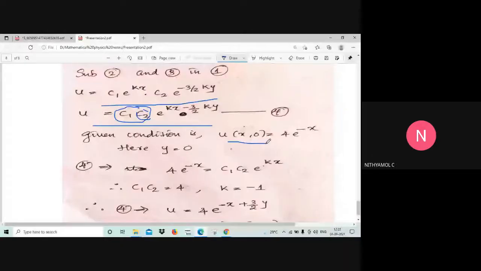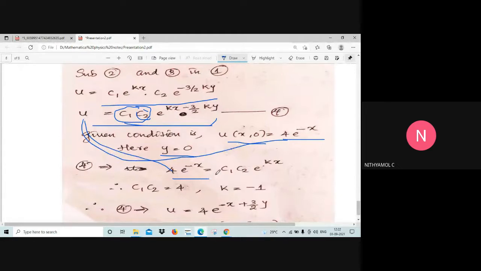Instead of c1, c2, we can combine and give a constant c. Or u of x, 0 is equal to 4 into e raised to minus x. Here y is equal to 0. So equation 4 becomes 4 into u is this one. So instead of u, I substitute this one: 4 into e raised to minus x equal to c1 c e raised to kx.